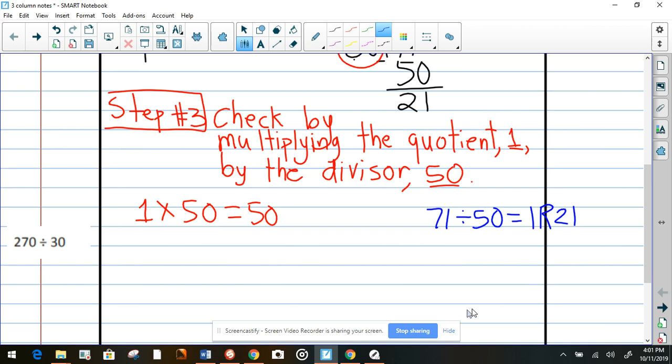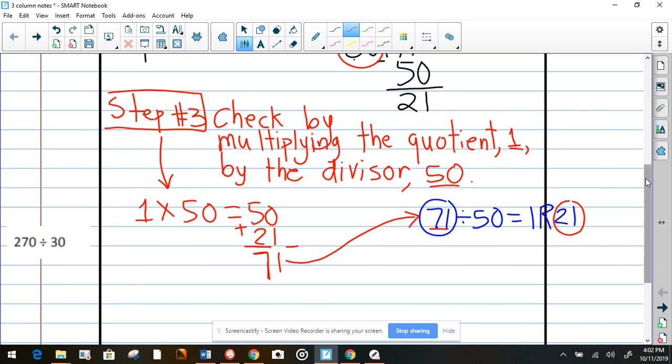So when we check, the answer must be 71. But remember that we have a remainder. A remainder must be added to the number so we can finish checking it. And now you see that the answer is 71. And it has to match the whole number here.